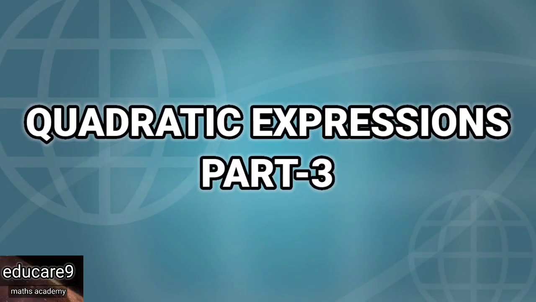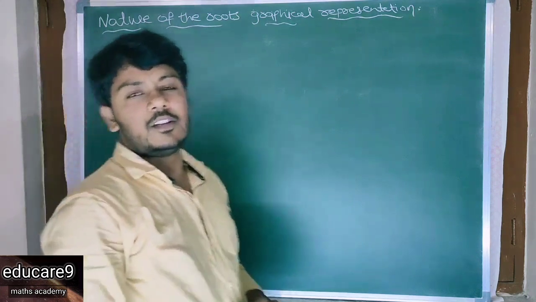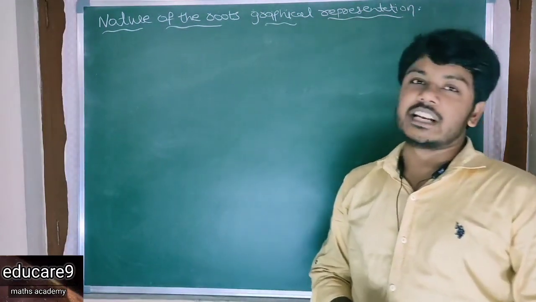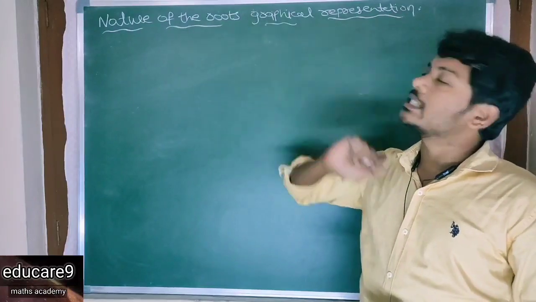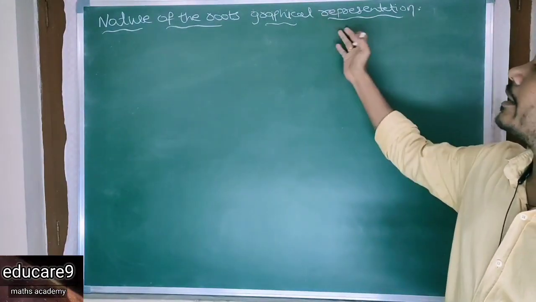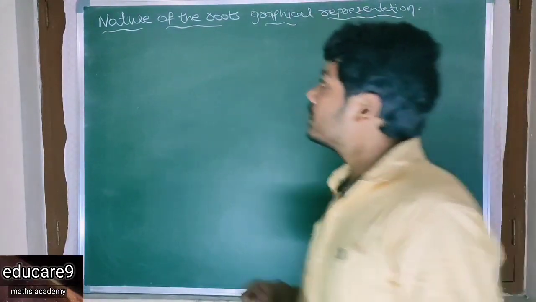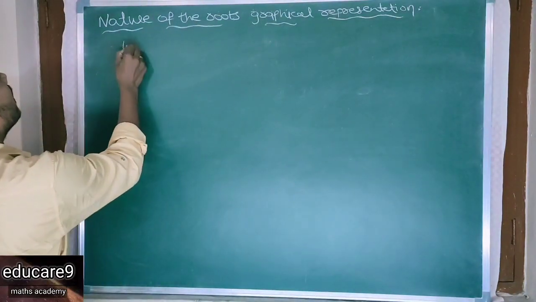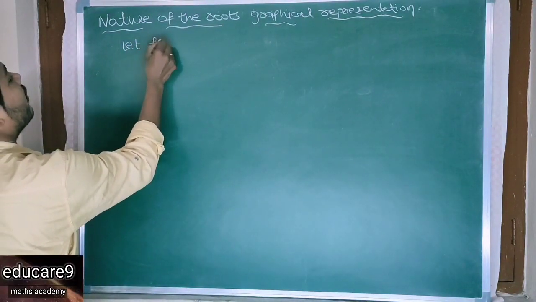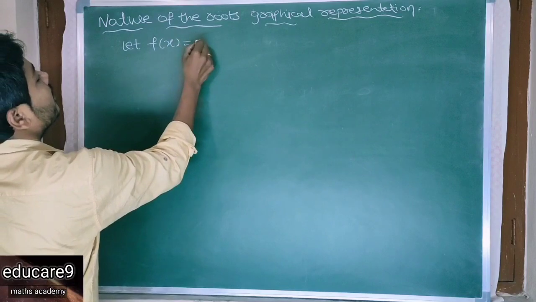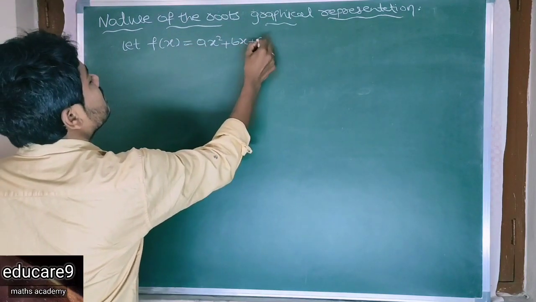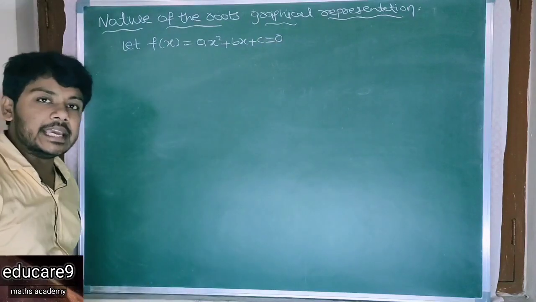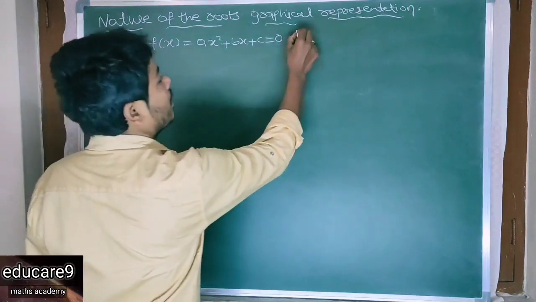Quadratic expressions, part 3. In the previous class, we discussed the nature of the roots theoretically. So for this session, we have to discuss the nature of the roots graphically. See here, first let f(x) = ax² + bx + c = 0 be any quadratic equation.